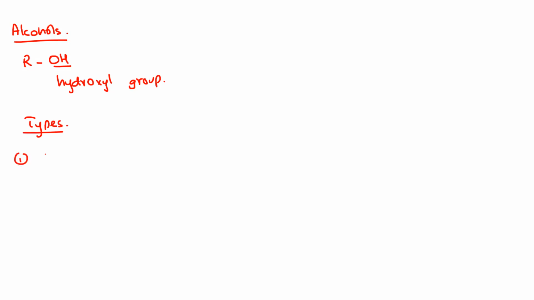First is a primary alcohol. A primary alcohol is an alcohol where OH is attached to a carbon which is further attached to only one alkyl. This is what we have done in alkyl halide. Then we have secondary alcohol. So what would that be?